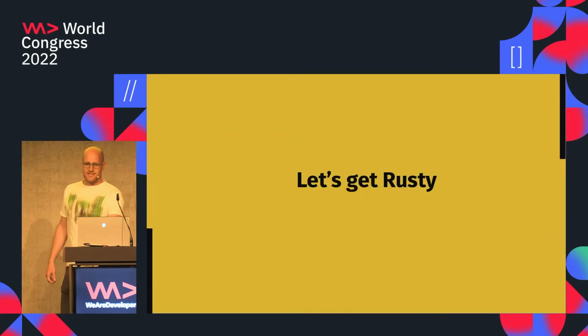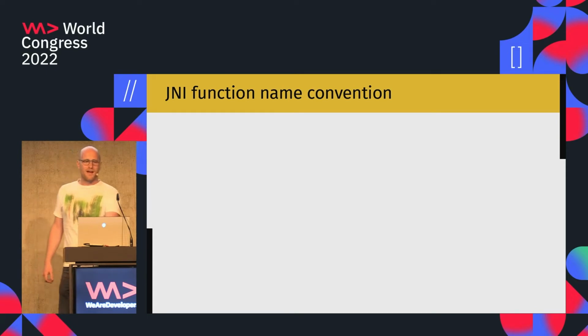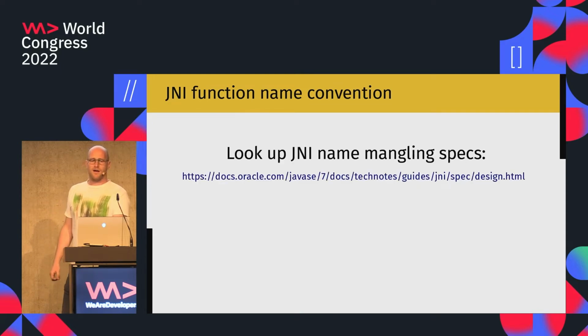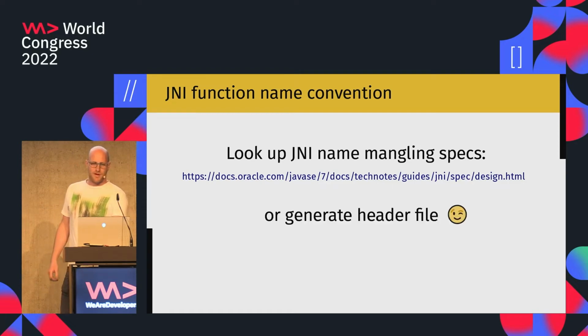So let's get rusty. In order for Java to know which function to call, or for us to provide the right function that Java can call, JNI defines a name mangling specification. You can look it up, or what is probably more convenient is you generate a C header file.